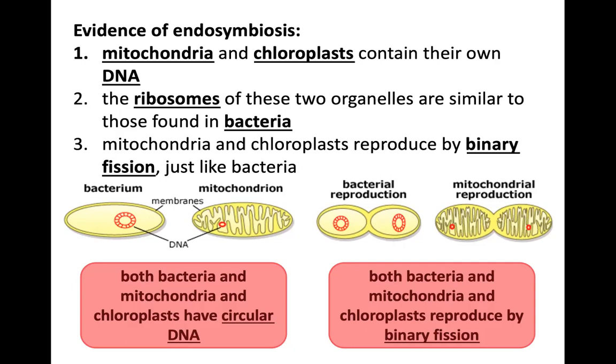Okay. So asexual reproduction. Binary fission works just like that. It splits into two new organisms. Both bacteria and the mitochondria and chloroplasts have DNA that is circular. And both reproduce by what is known as binary fission, so asexual reproduction.